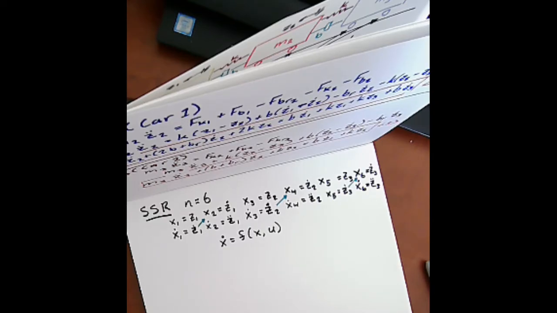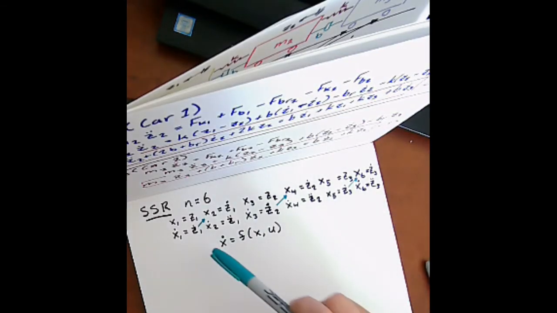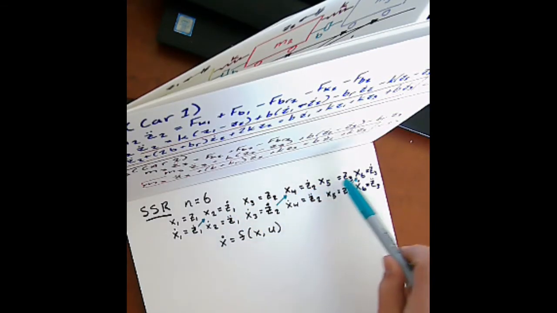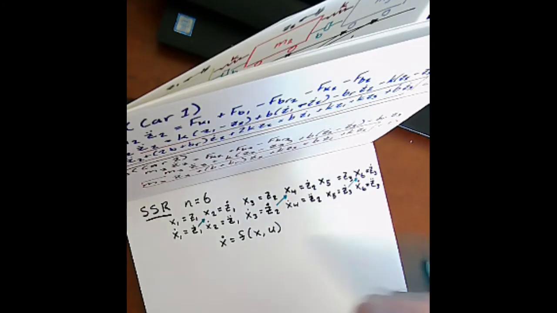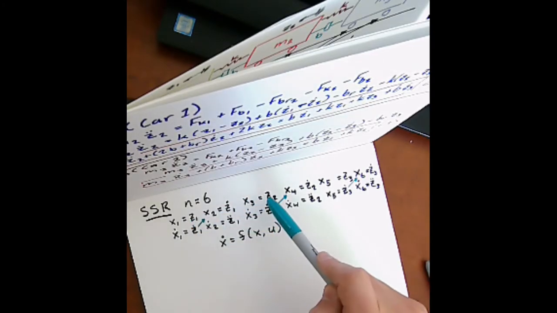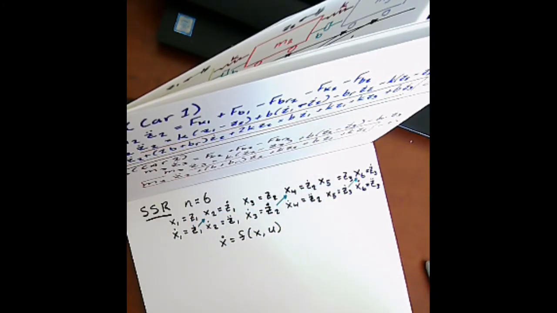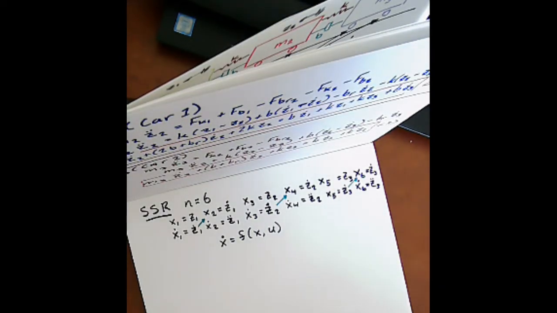Now, this is a translational mechanical system, and therefore it will store energy in one of 2 ways. It will either store it as kinetic or potential energy. Kinetic energy is a function of velocities. Potential energy is a function of position. And that's why I chose these state variables.